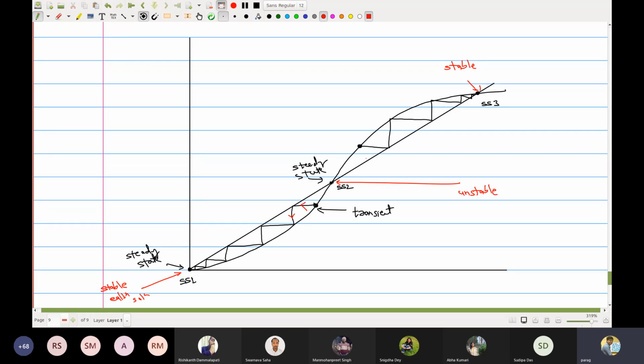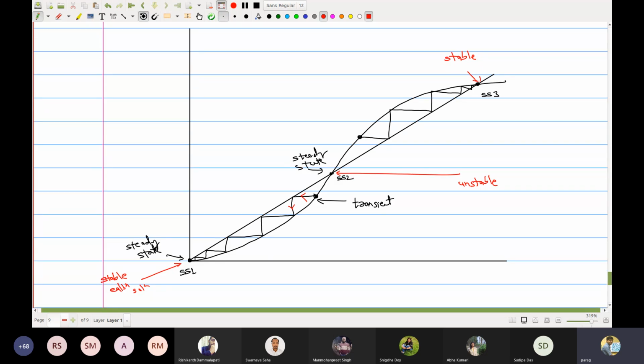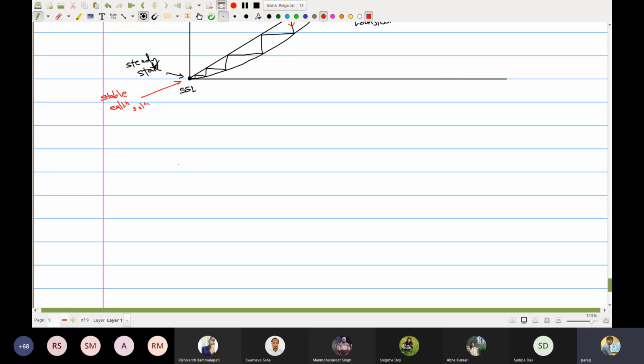And what you're trying to do is that you're trying to maintain one particular steady state. Now the question is, if you want to maintain this steady state, can you maintain? So the question is, can you maintain steady state 2 in your system? The answer is no. You will never observe the system there.